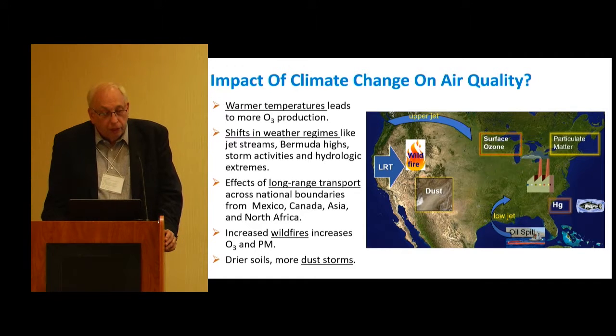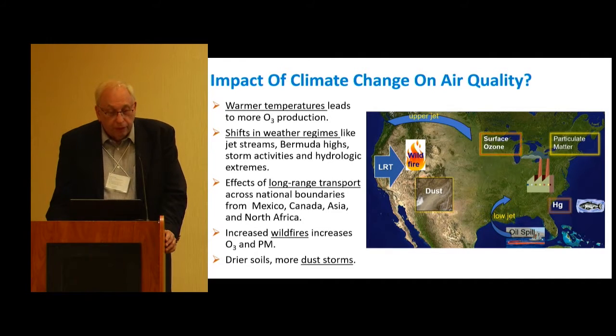Shifts in weather regimes, how the jet stream changes, such as we were talking about earlier today, changes in things like the Bermuda High and how that can influence air pollution on the eastern part of the United States. Changes in storm activities and other impacts.